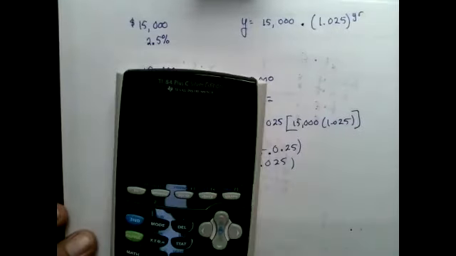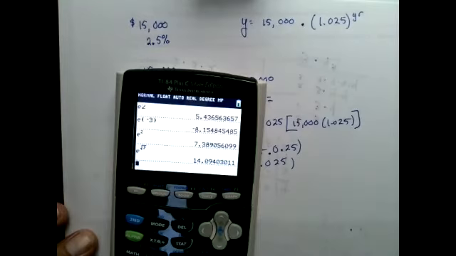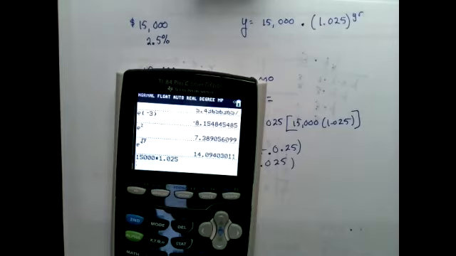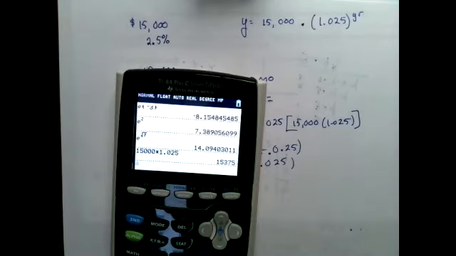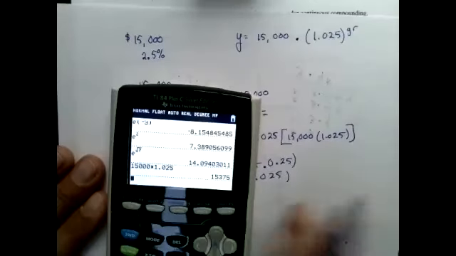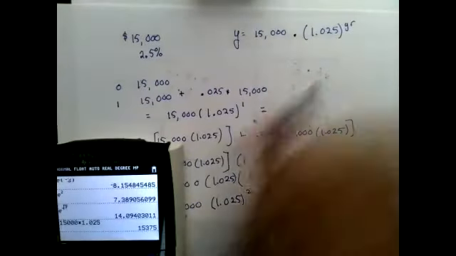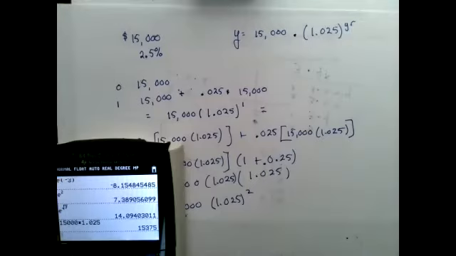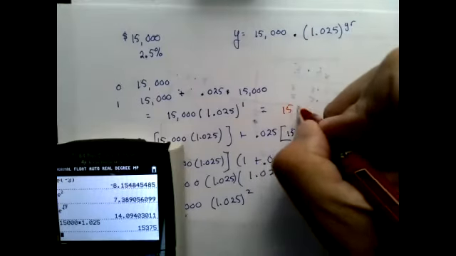So I'm going to do this on the calculator. Keep an eye on me so I don't screw it up. 15,000 was my first year, times 1.025, which was my percent of increase, which was kind of nice. So now I have at the end of the first year 15,375.